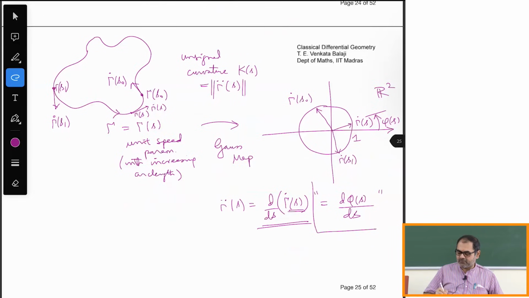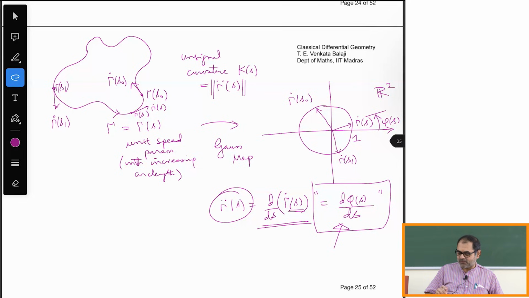Okay. I have put quotes here because there is something here. The fact is that I should not write it like this because this is a vector and this is a scalar. So there is a vector that has to come in, and there is a scalar that has to come in.